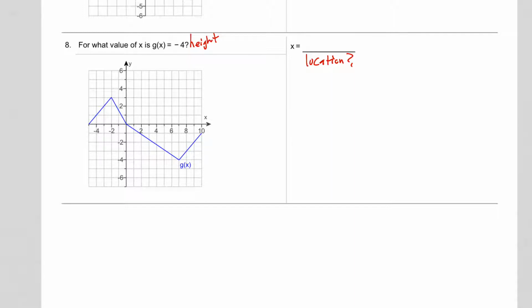Okay, so the -4 is down here. This is how high or low the function is. All right, then we just got to go across. So they gave us the y value, and then we're going to go up and see the x value, which is a 7. So the location where the g of x is -4 would be at x equals 7.